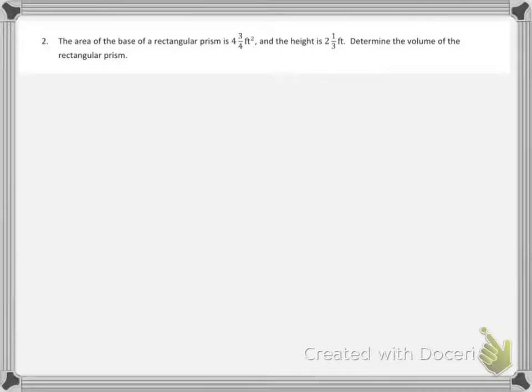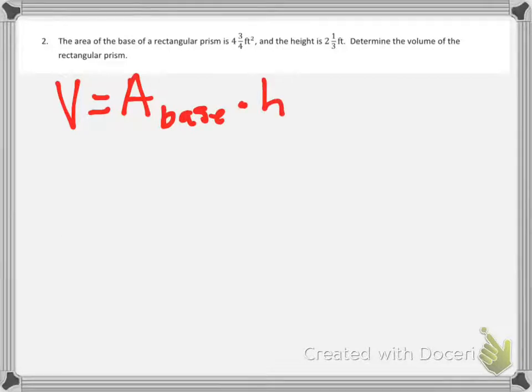Area of the base of a rectangular prism is 4 3/4, and the height is 2 1/3. So I'm going to use volume equals area of the base times the height. And when I substitute in what I know, shouldn't be a problem. Volume equals 4 3/4, that's 19/4, times the height is 2 1/3, so that's 7/3.